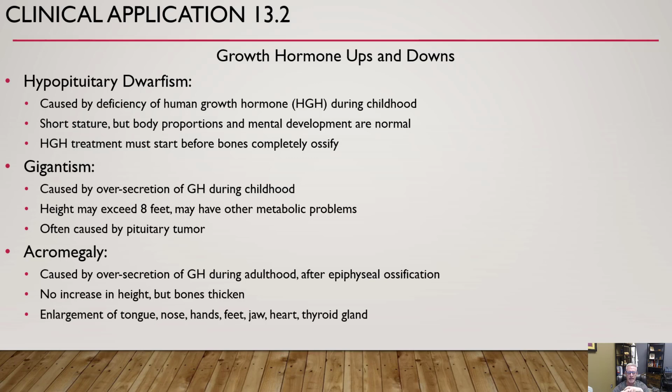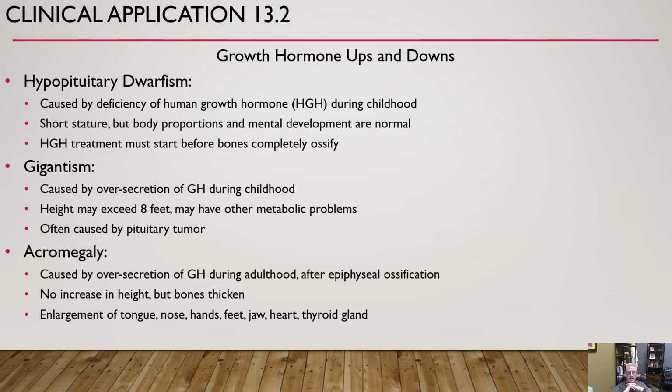With gigantism versus acromegaly, we talked about that in chapter 7, I believe. Gigantism and acromegaly are both too much growth hormone. Gigantism is too much growth hormone during childhood, and acromegaly is too much growth hormone during adulthood.